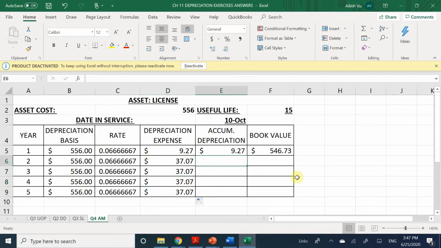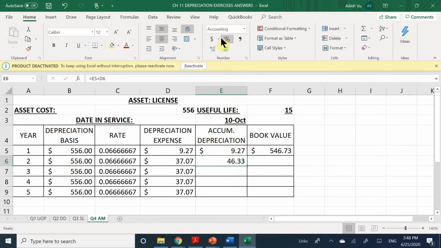All right. So what is my first accumulated depreciation? 46.34. I got 46.30. Oh shoot, it should be 34. My calculator told me 34. That's what I was trying to tell you. That's the type of stuff that I'm running into with Excel.